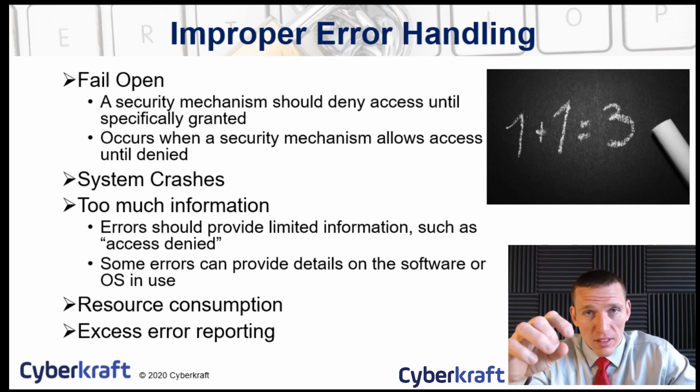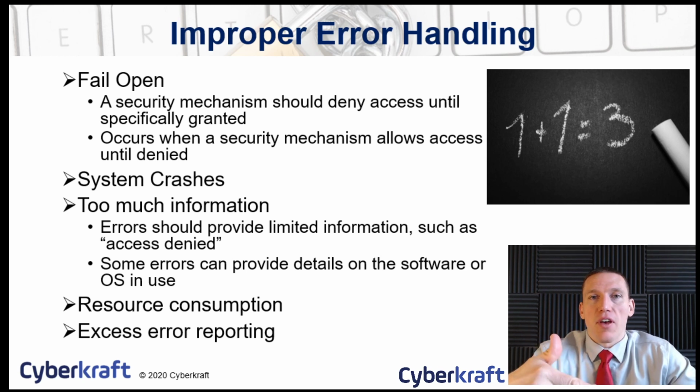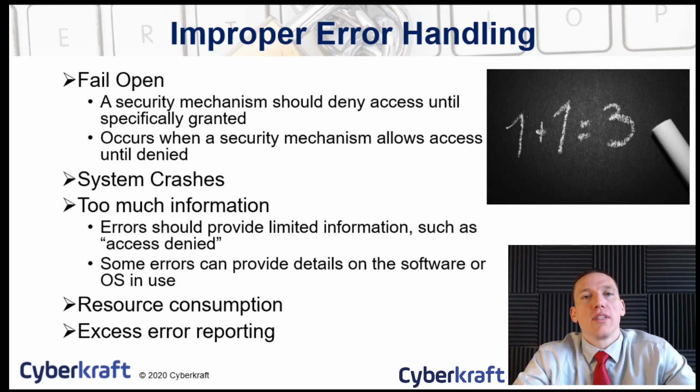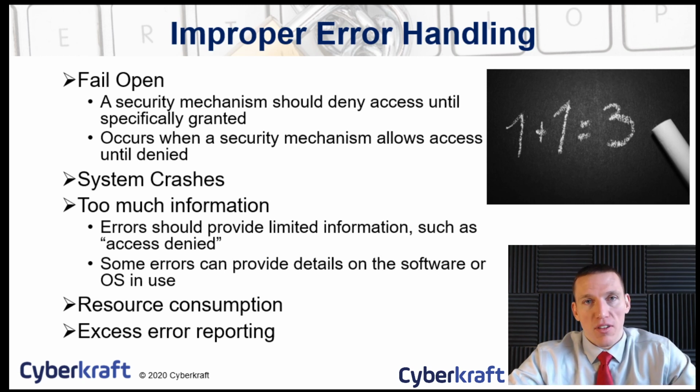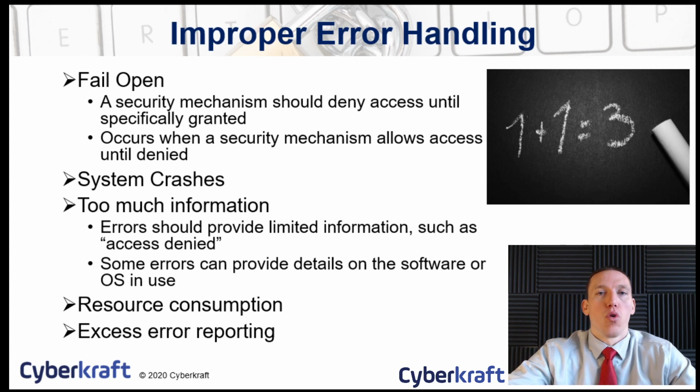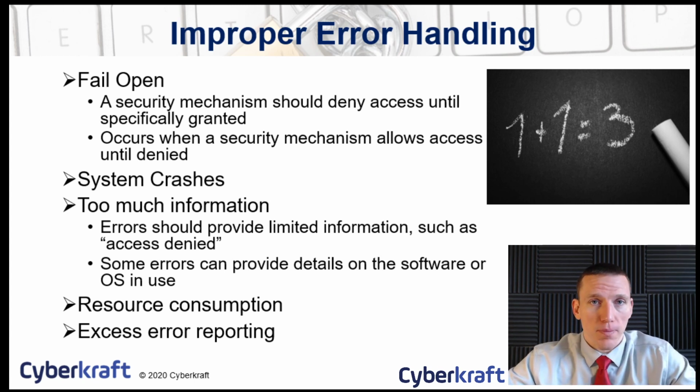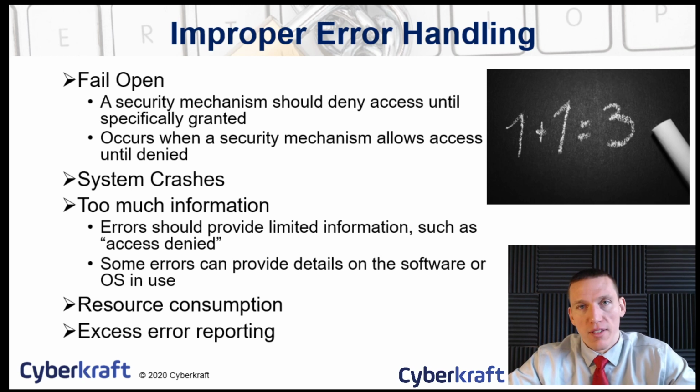Sometimes based on the message in the error, the attacker can identify what operating system is being used or glean more information from the device, because what happened to cause the crash is reported in the error, and that's reported to the user. That should only be reported in the logs that the system administrator or the website administrator or application developer can retrieve and look at and determine the cause. It shouldn't be released to everybody. It shouldn't be released to the user.